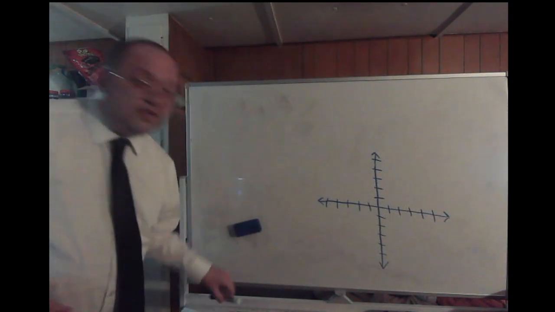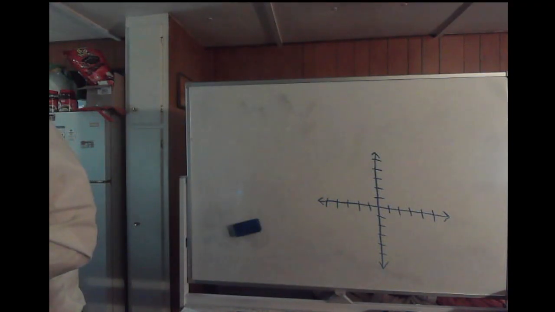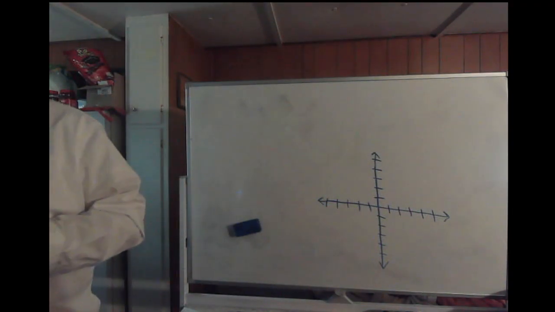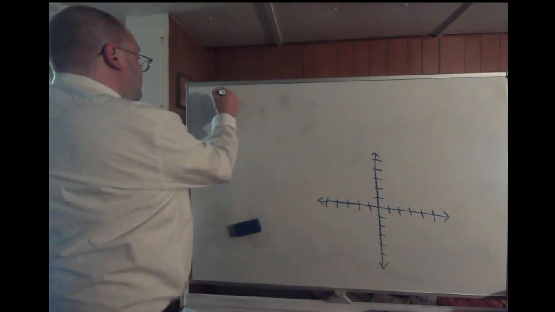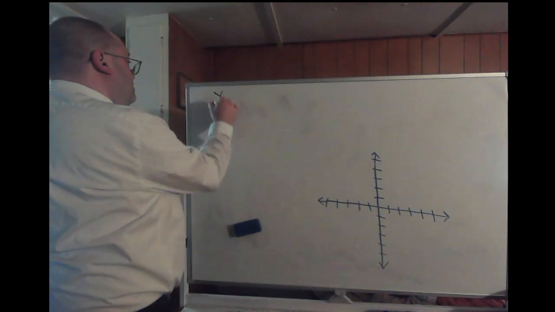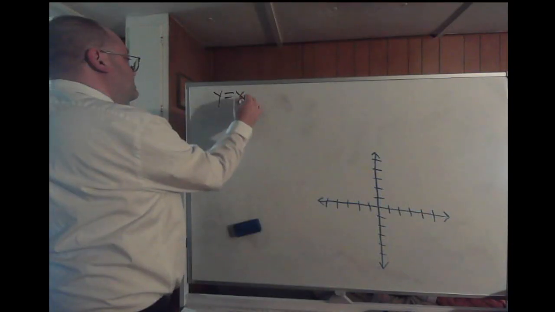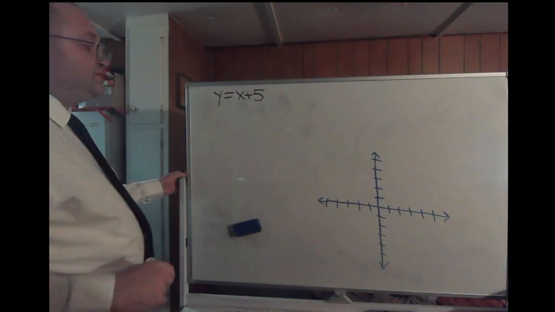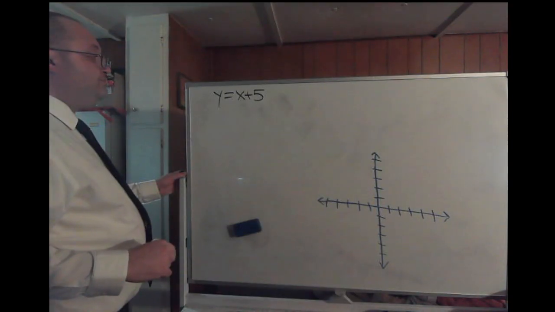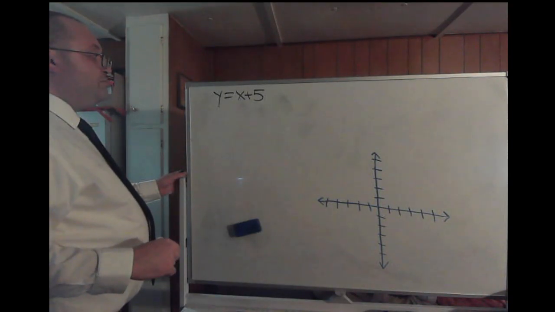Now we're going to graph another function of y being a function of x. So this time we have y equals x plus 5. So we want to graph y equals x plus 5. Well, I'm going to pick some different points this time.